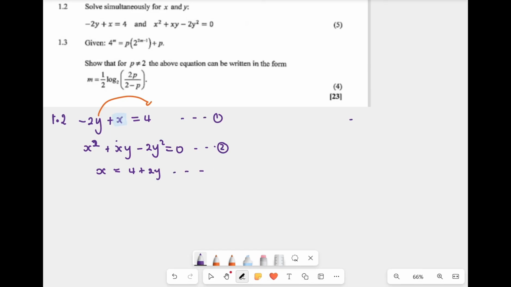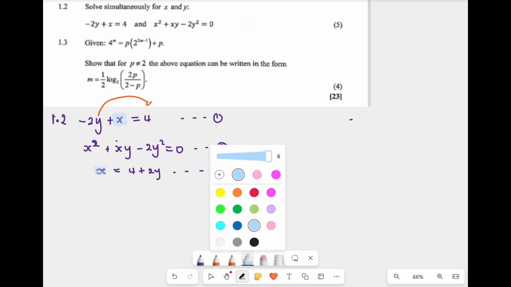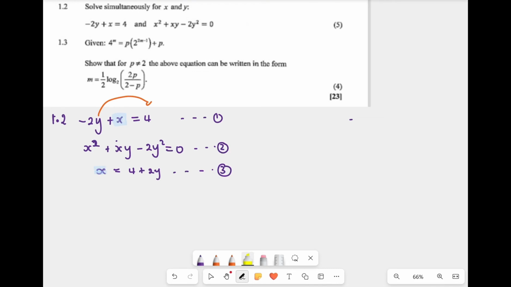So this is our equation number 3. Now, where I see x, I am going to replace that x with 4 plus 2y. Now, we are going to sub 3 into 2.